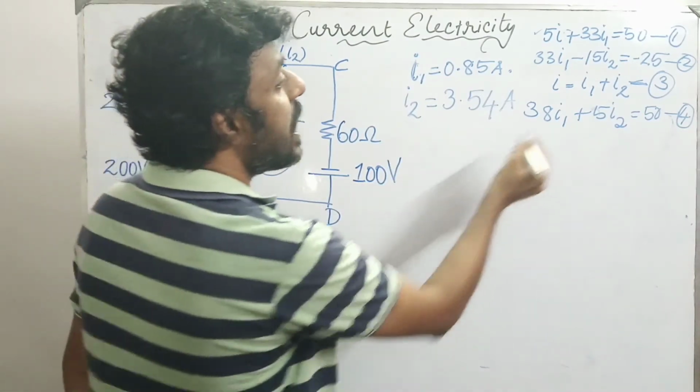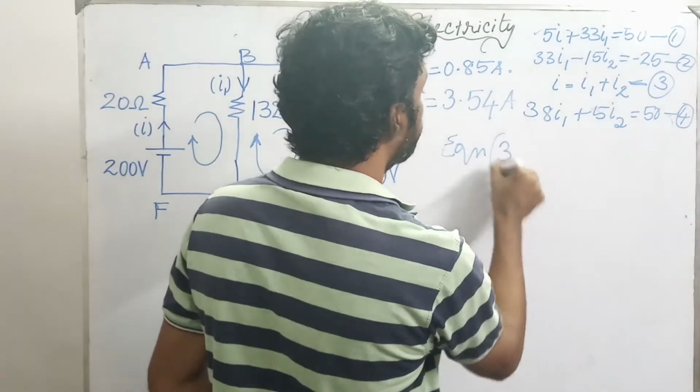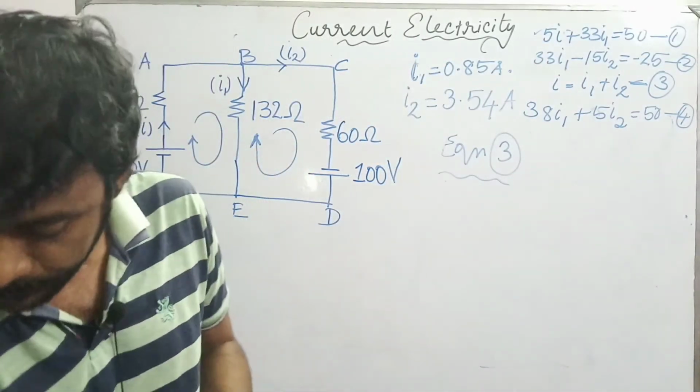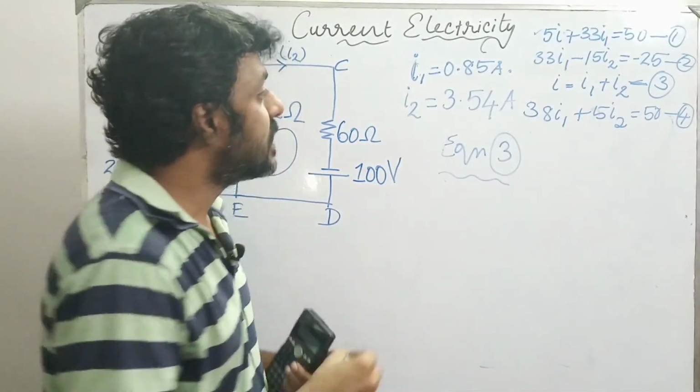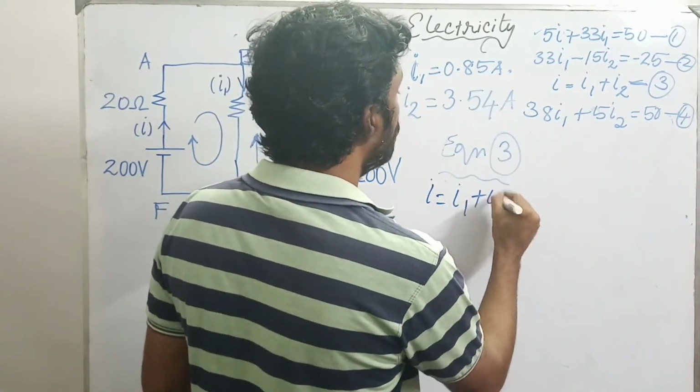What will be I according to equation number 3? According to equation number 3, I is I1 plus I2.